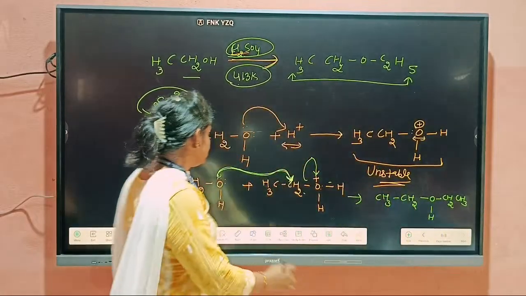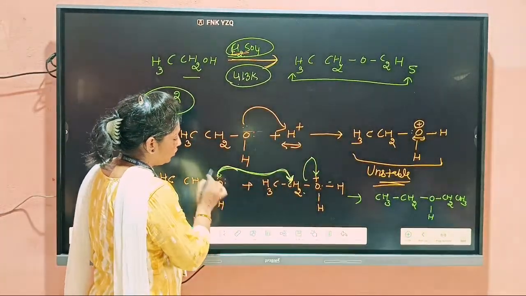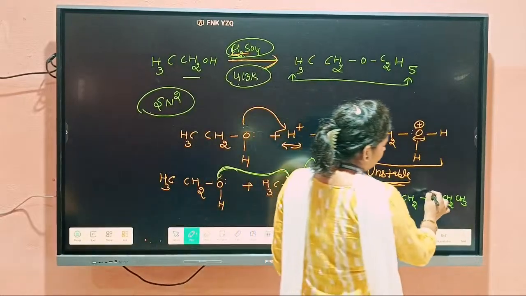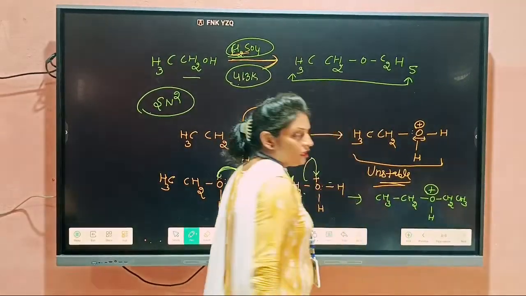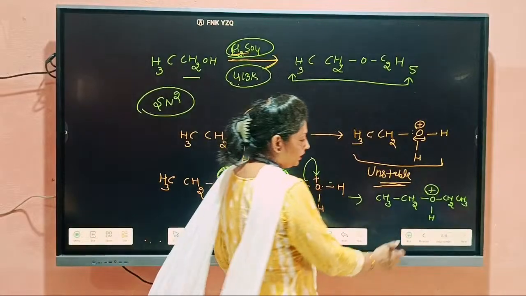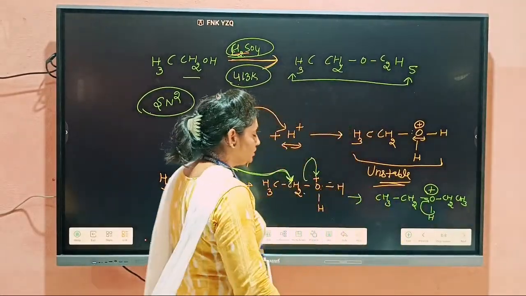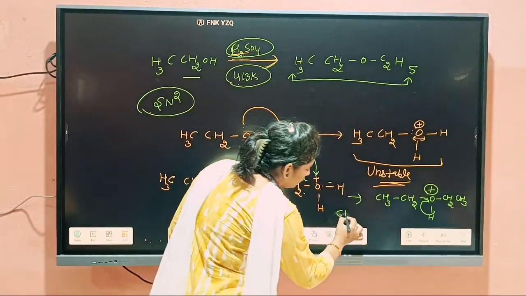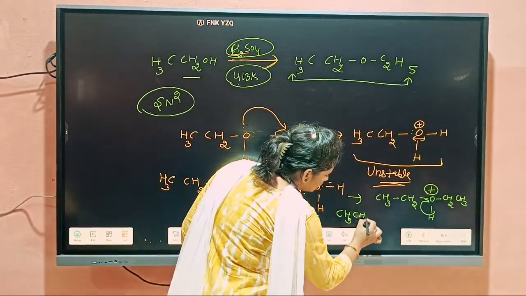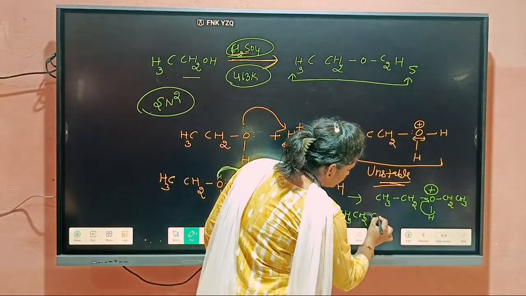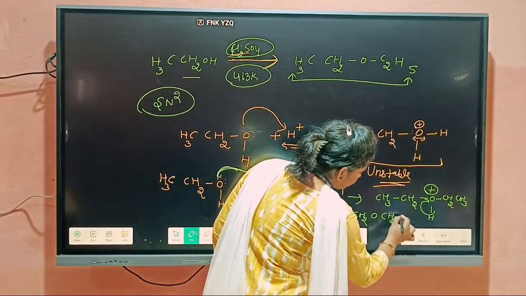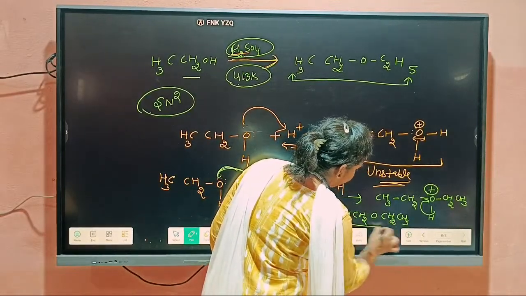Because again oxygen is donating the electron, so positive charge will attain on this oxygen. Again it is not stable, so it will lose a proton from this hydrogen, and finally we will get CH3CH2OCH2CH3, which means we will get ether finally.